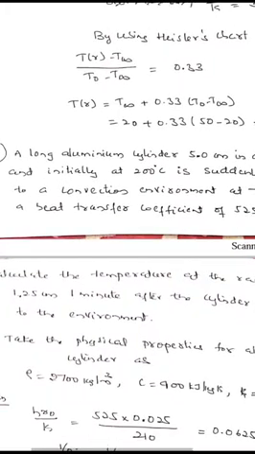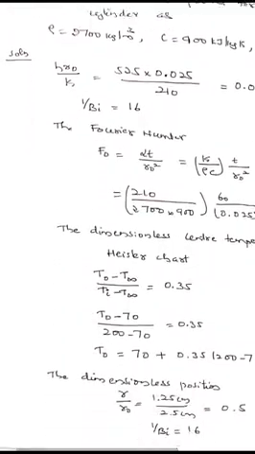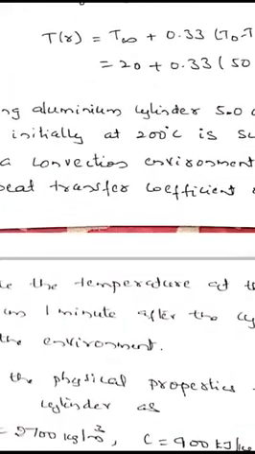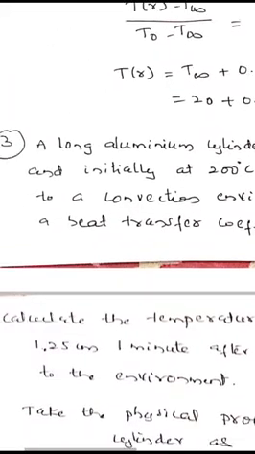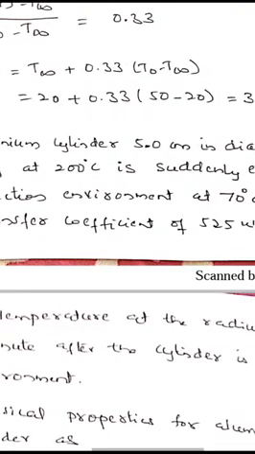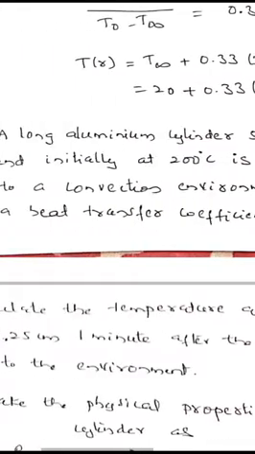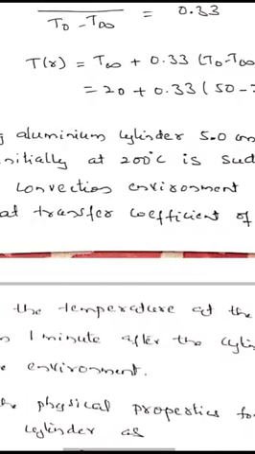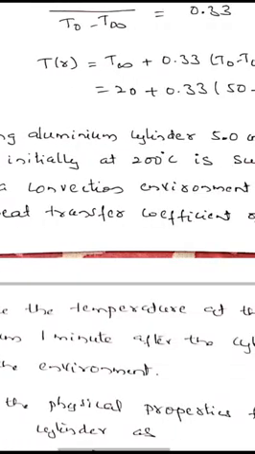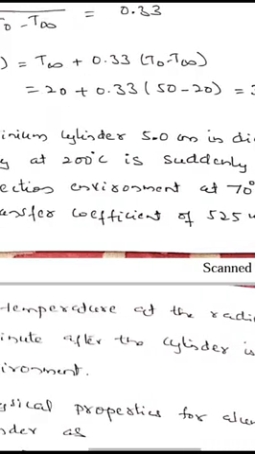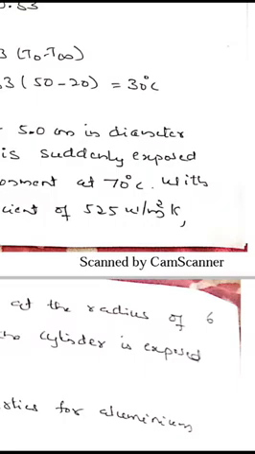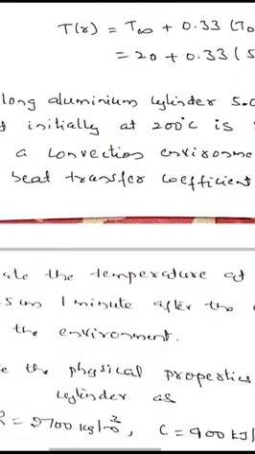Now I will go to the third problem, which is a cylinder. A long aluminum cylinder 5 centimeter in diameter and initially at 200 degrees centigrade is suddenly exposed to a convection environment at 70 degrees centigrade with a heat transfer coefficient of 525 watt per meter square Kelvin.